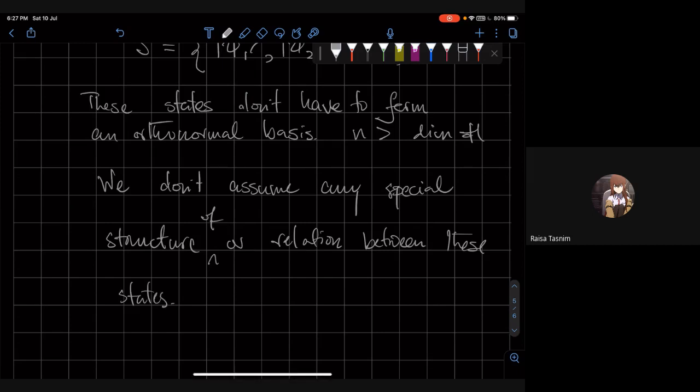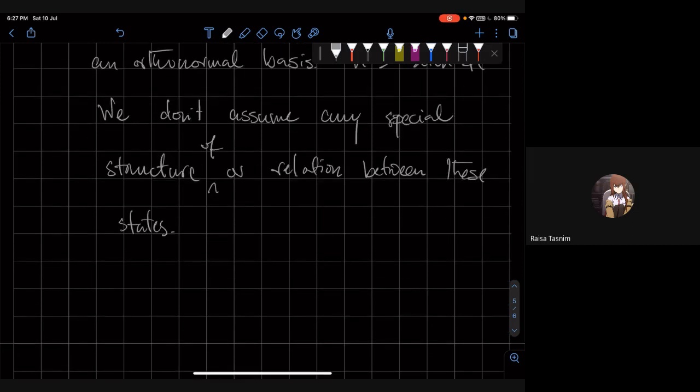But the only thing that we assume, and it's a technical assumption, which we can do without. If we don't assume this, we have to implement one more step, which is very easy to do, but we won't do that. So the technical assumption is that all the states are normalized.